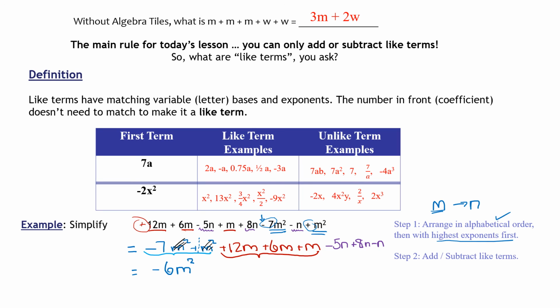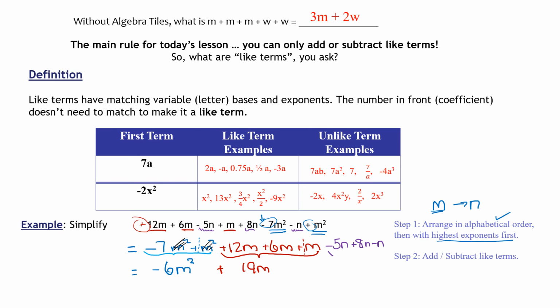I have 12 m's. I add on 6 more m's, and then I add on 1 more m. How many m's do I have? I've got 19 of them. I can't just write a 19m though. I need a sign in front, and that's plus. So I've got negative 6m squared plus 19m so far.